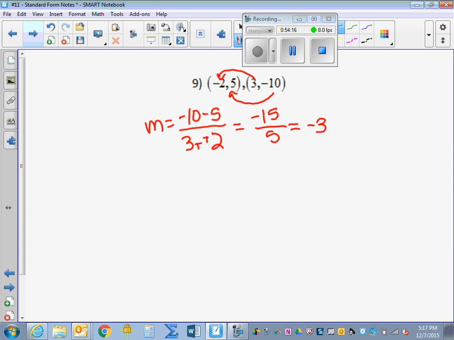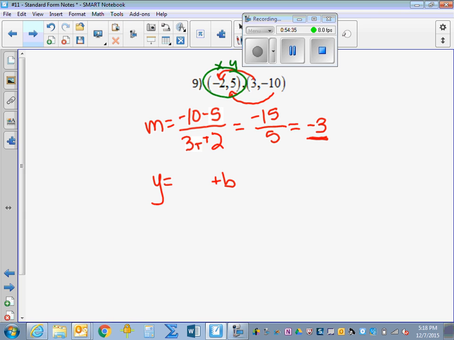And we have to solve for our b value, so we have y equals negative 3x plus b. Let's take our values and put them in. We know that m is negative 3. I'm going to pick my first point here. This is x, this is y. So x is negative 2.